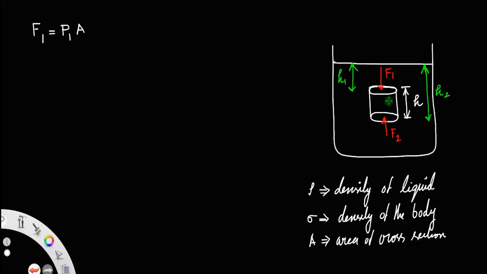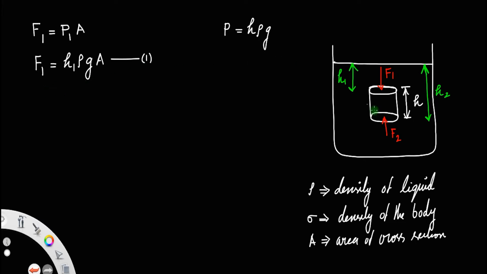We already know the cross-sectional area is A. Pressure at a depth h is h rho g, so F1 is equal to h1 rho g times A.